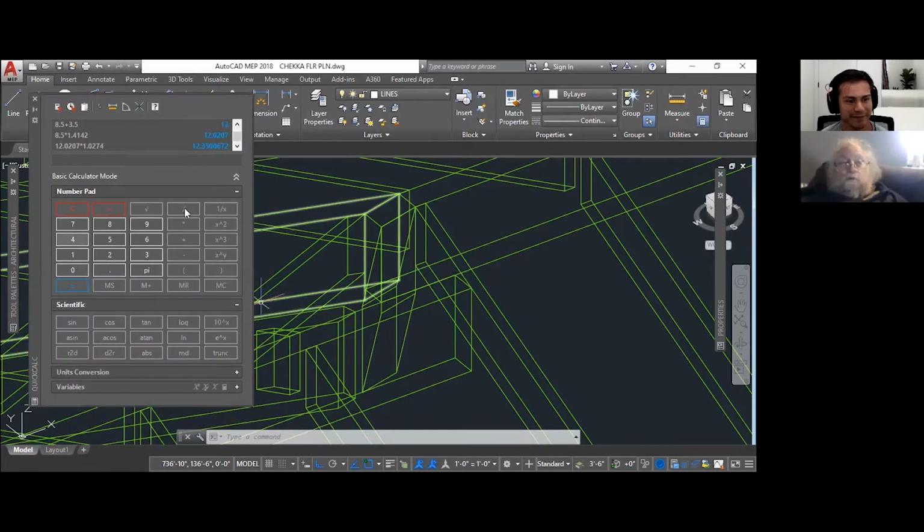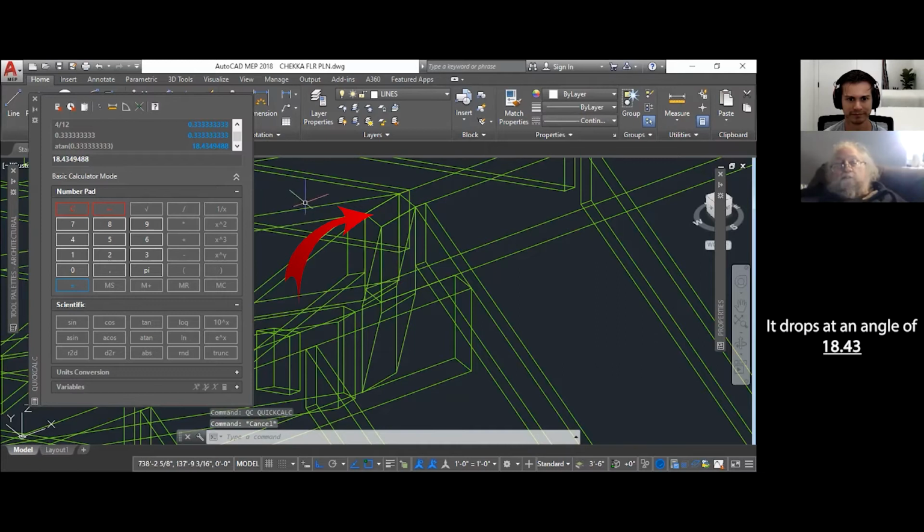We take 4 divided by 12, and then we take tangent to the -1 power. There it is, 18.43. So that's the angle that wants to drop at. If I was to draw a straight line from this point over to here and then measure that angle, it would be 18.43 degrees. That's what you'd lose off that hip, off the end of that ridge right there.